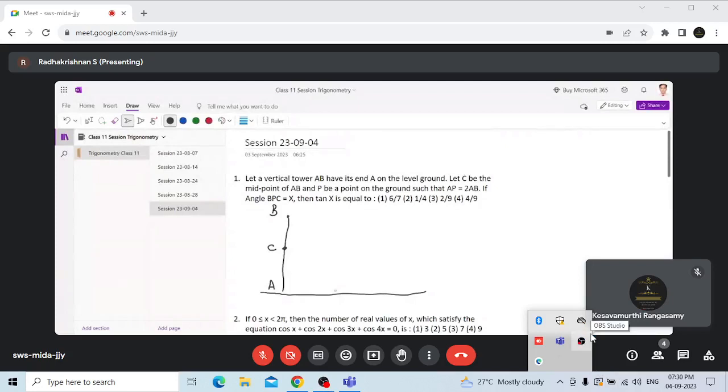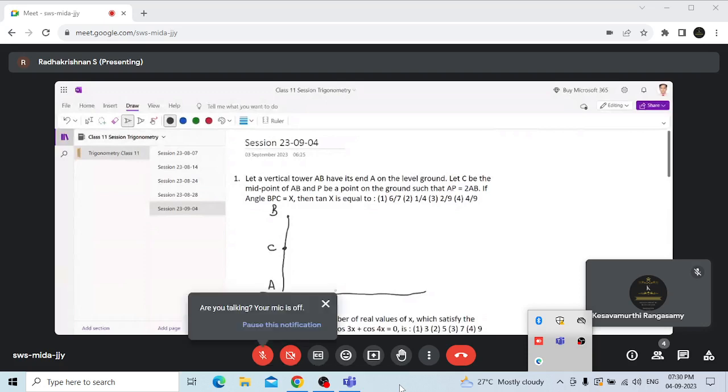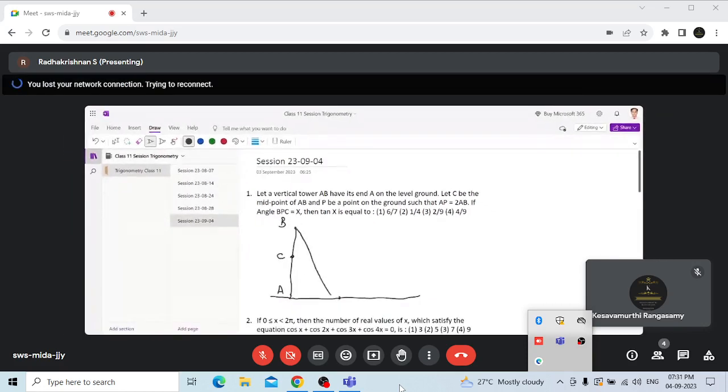such that AP equal to 2AB. AP is equal to twice AP.